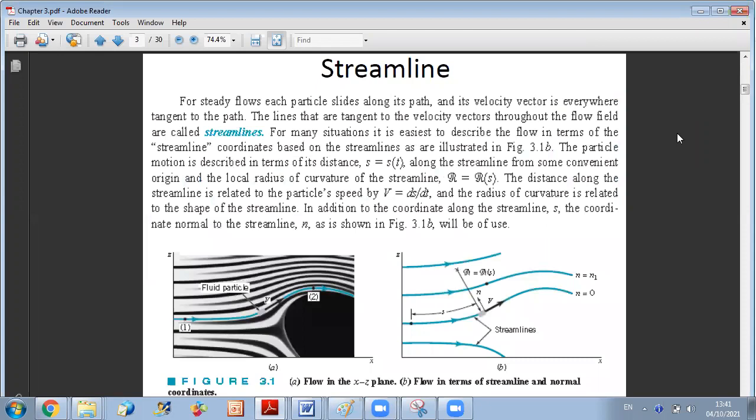So to start with, we will define what is a streamline, because the Bernoulli equation will be applied along a streamline, or we can apply Bernoulli perpendicular to the streamline. So we should first define what is a streamline.